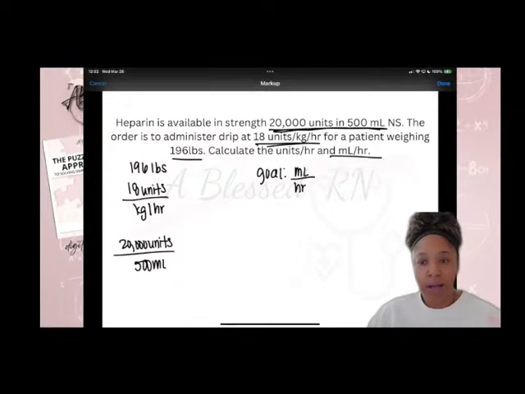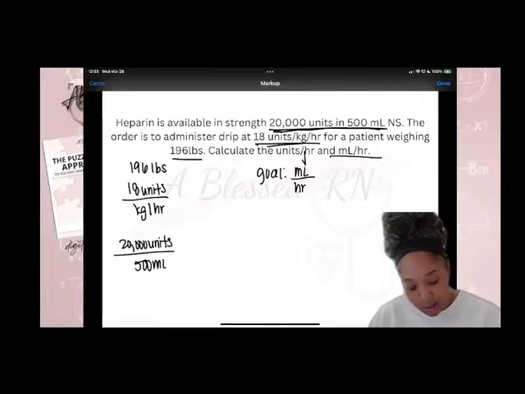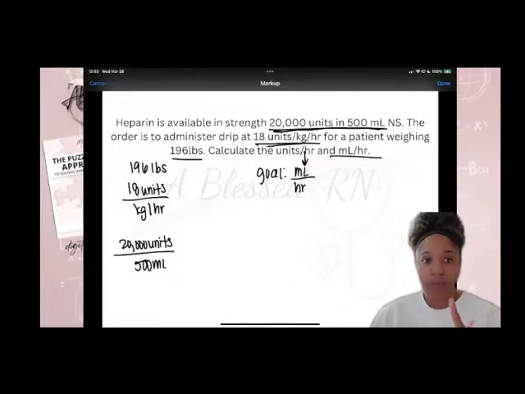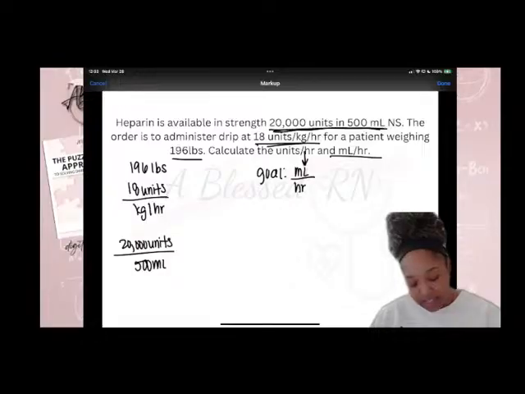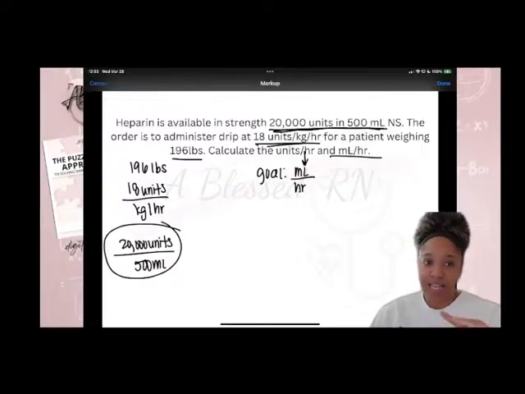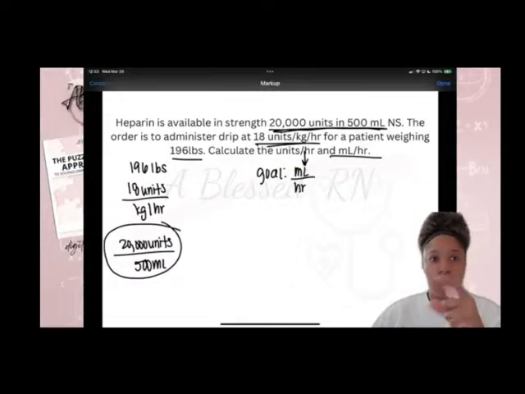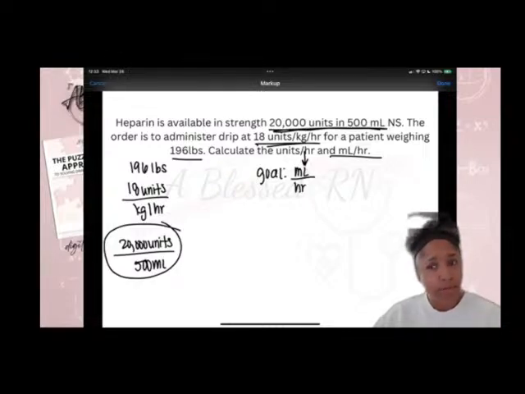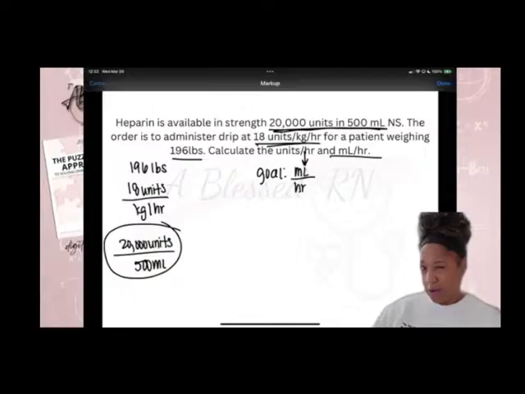So how am I going to set this up if my goal is milliliters and milliliters is on the top? We start with that top goal. We make it first. We put it on the top. So this has my milliliters in it. I'm going to take it and flip it so that my milliliters are on the top, because my goal is milliliters on the top and hour on the bottom. Everything else cancels out. Does that make sense? Hopefully it does. We'll keep going.